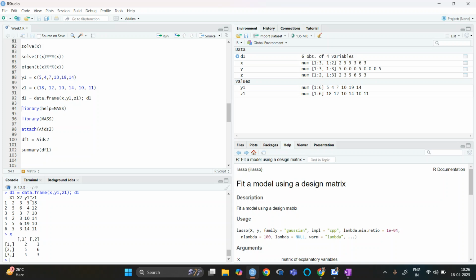So you can see that we have the data from x, y1, z1. x is 2, 3, 5, 6, 5, 3, in two columns, as here it is in two columns. And since these are six, their dimension is just 6 by 1, so it is going to repeat again to complete it. So it is 2, 3, 5, 6, 5, 3. So this is how your data frame will look.